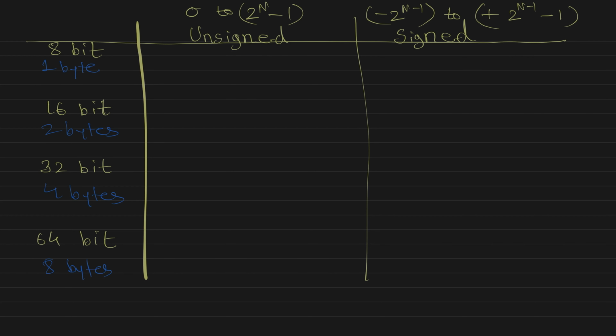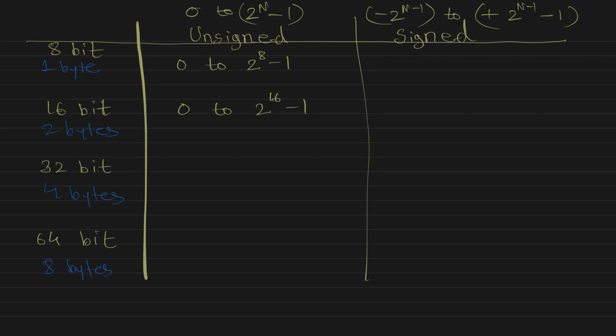So as we established earlier, for an unsigned integer, the range is from 0 to 2 raised to n minus 1, right? So for an 8 bit or 1 byte integer, the range would be what? 0 to 2 raised to 8 minus 1, right? So this would be the range. Similarly for 16 bit, it would be what? 0 to, our n is 16, so 2 raised to 16 minus 1.